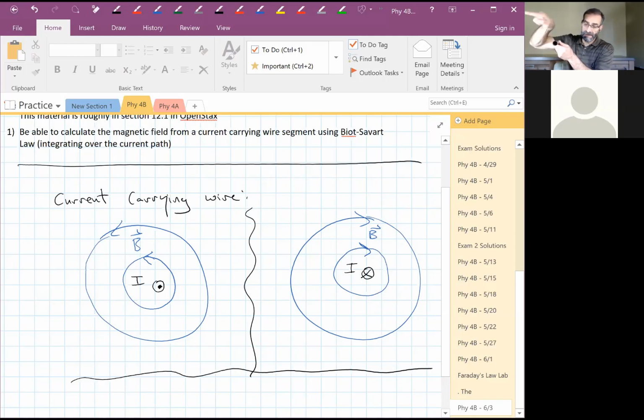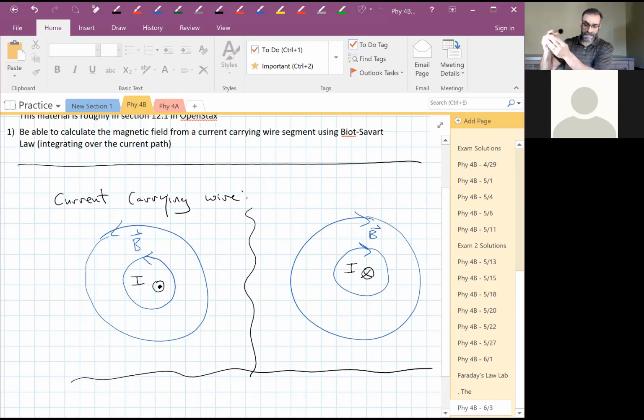It would point to the left, right? It's forming circles this way, right? So if I was over here at the tip of my finger, what direction would it point? Down. If I was underneath the wire, it would point to the right. If I was on this side of the wire, it would point up, right? You get the idea, okay?